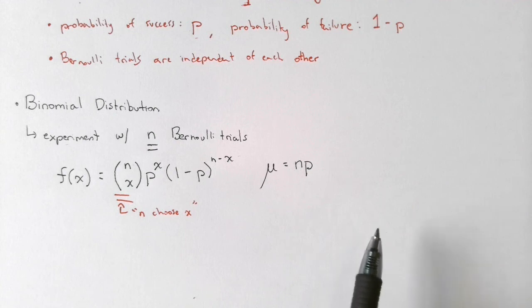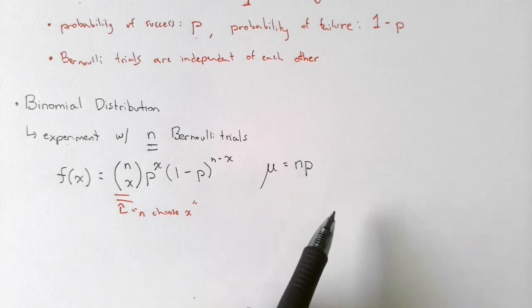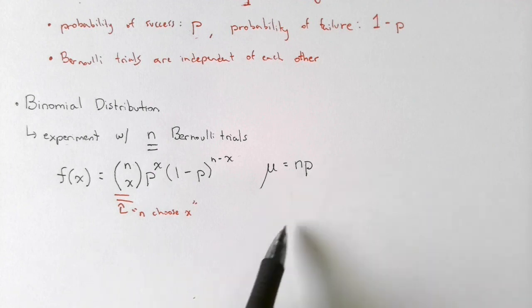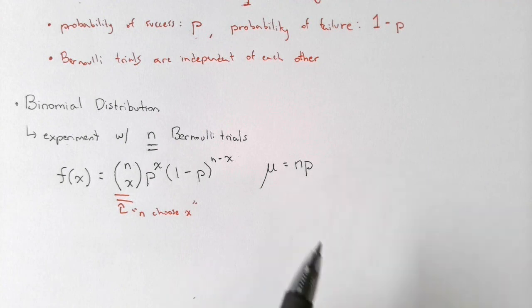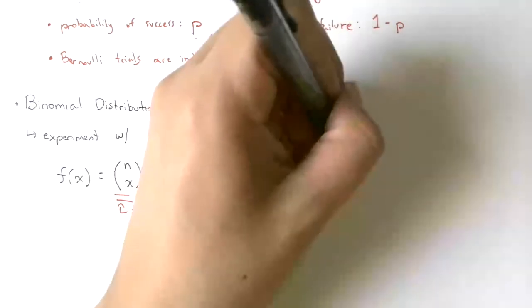It's really interesting because the more times you run the experiment, the more it's going to try to trend towards the probability of success. But again, that's a little bit better if you just derive the equation and see it on your own.